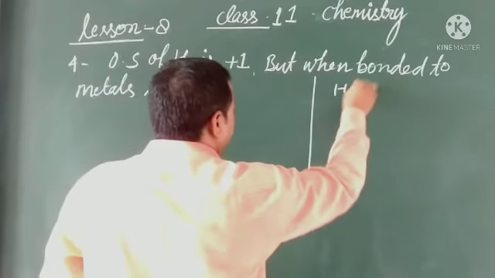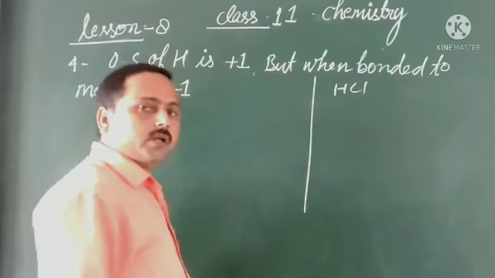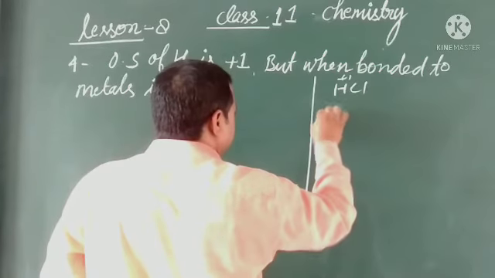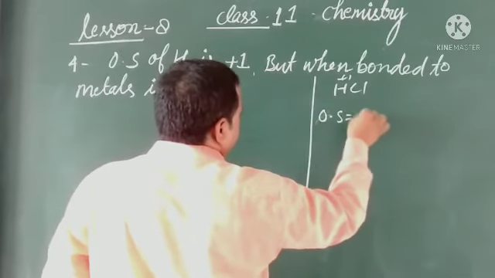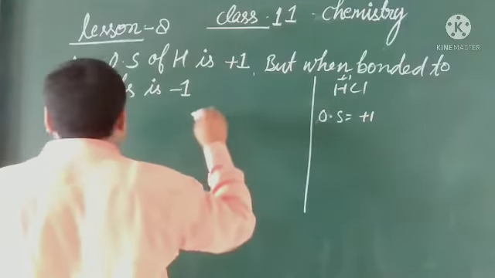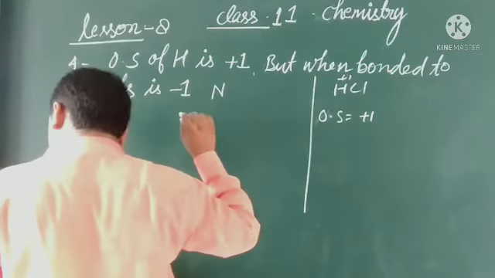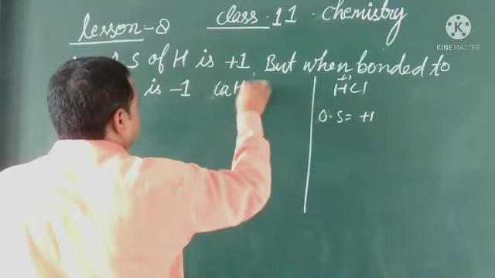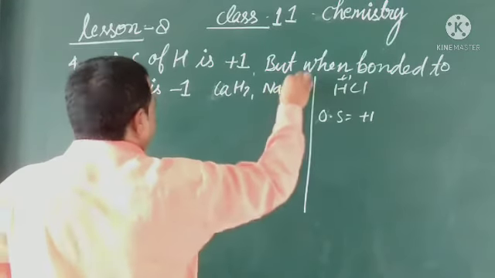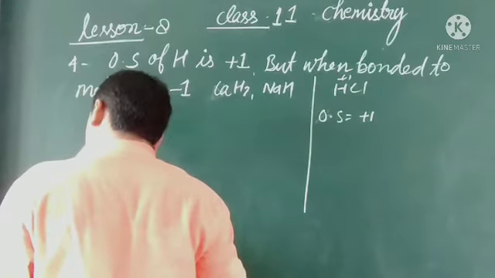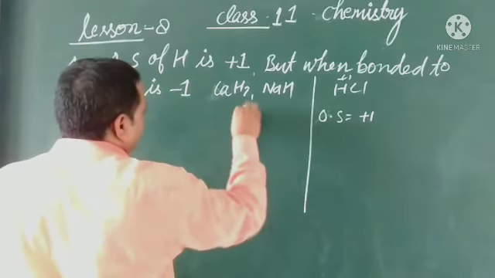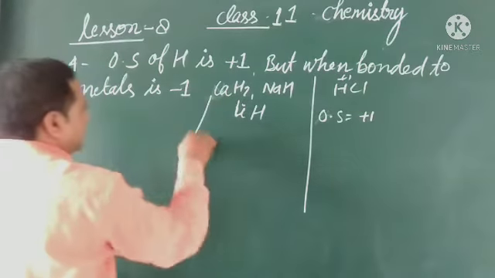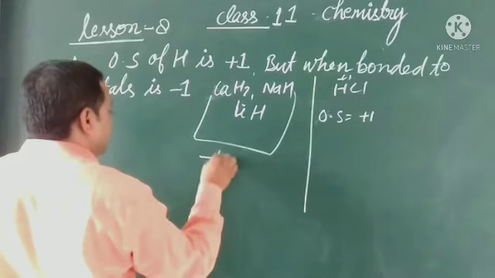I am writing here HCl. So your hydrogen oxidation state is plus 1. But if I am writing here CaH2 and NaH or LiH, the oxidation state is here -1.